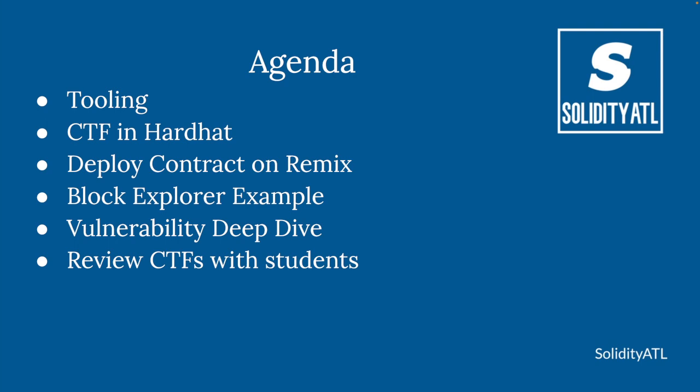And then we're going to go through a couple more attack vectors. May take some time to review the attack vectors we talked about last time, and then talk about another couple. And then at the end, just want some time to go through the key concepts from the CTFs from the last session.